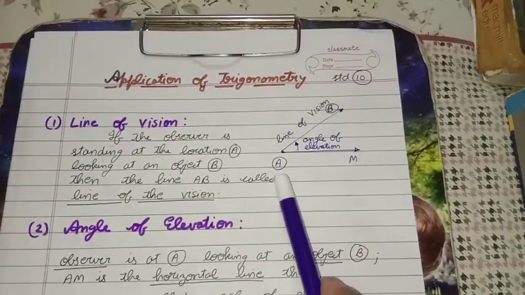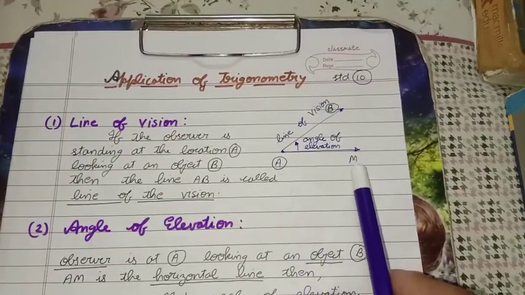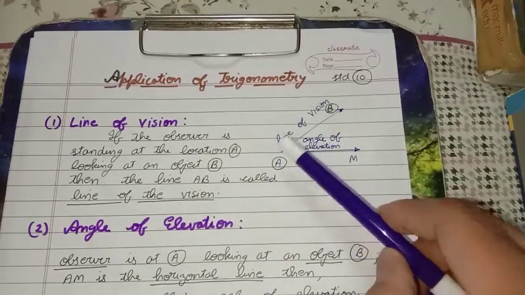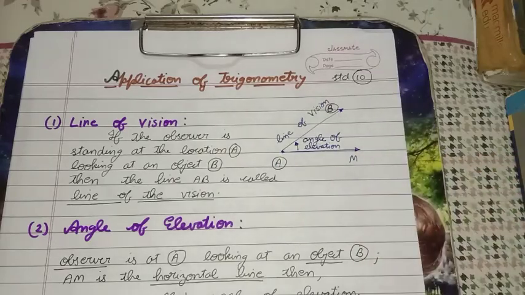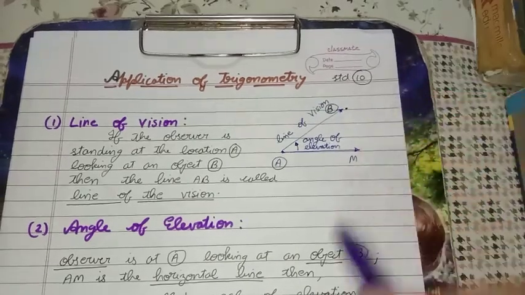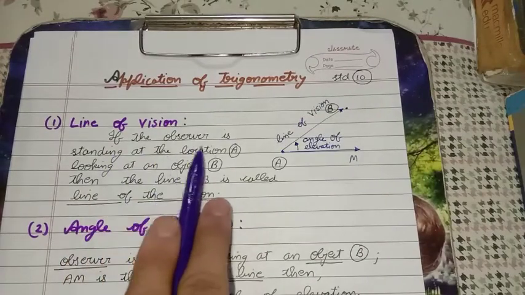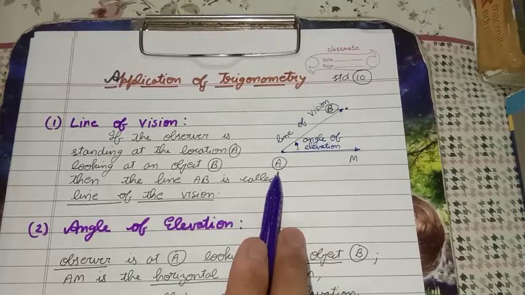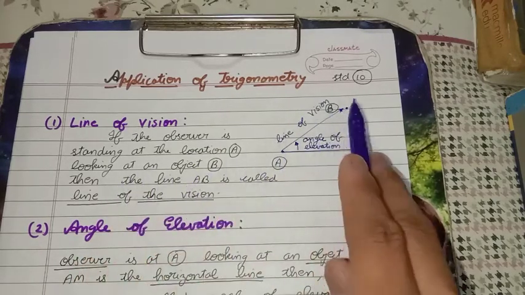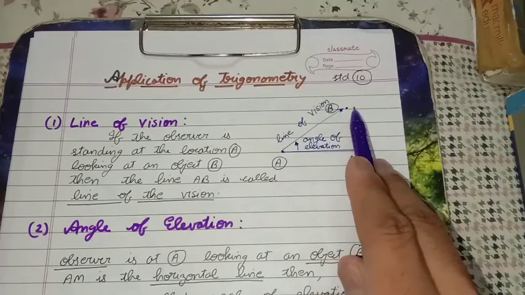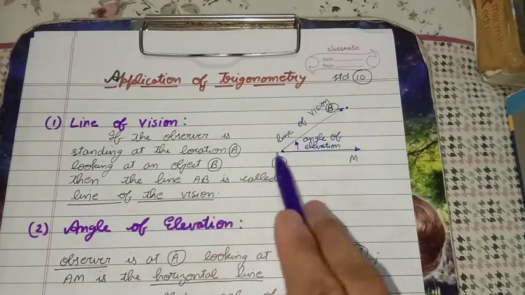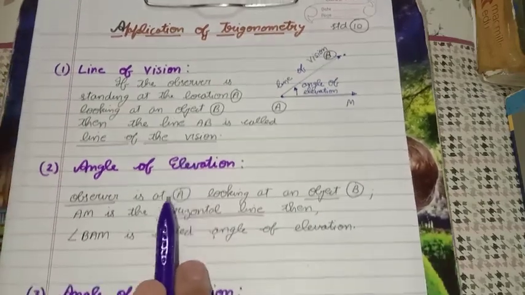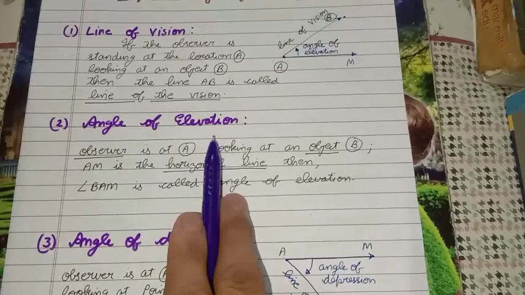This is A where I stand, this is M, this is the angle of elevation, and this is my vision line, and this is a spot B. If the observer is standing at the location A, looking at the object at B, then the line AB is called the line of vision. You are getting it?